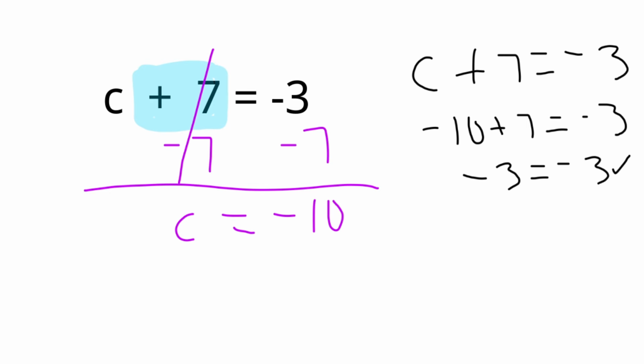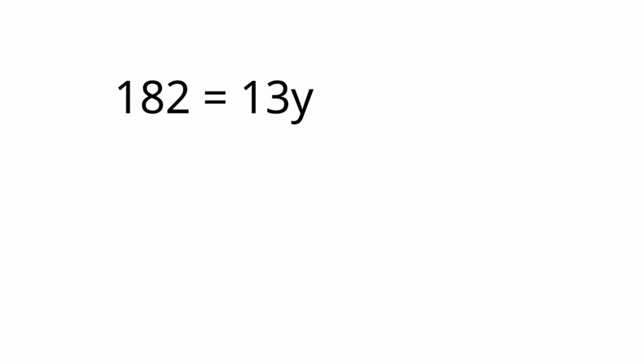It checks out. For this problem, notice that our variable is on the right side of your equation. We have 13 multiplied by a number, and when we do that, we end up with 182. So the inverse of multiply by 13 is to divide by 13. Show divide by 13 by using a fraction bar on both sides.